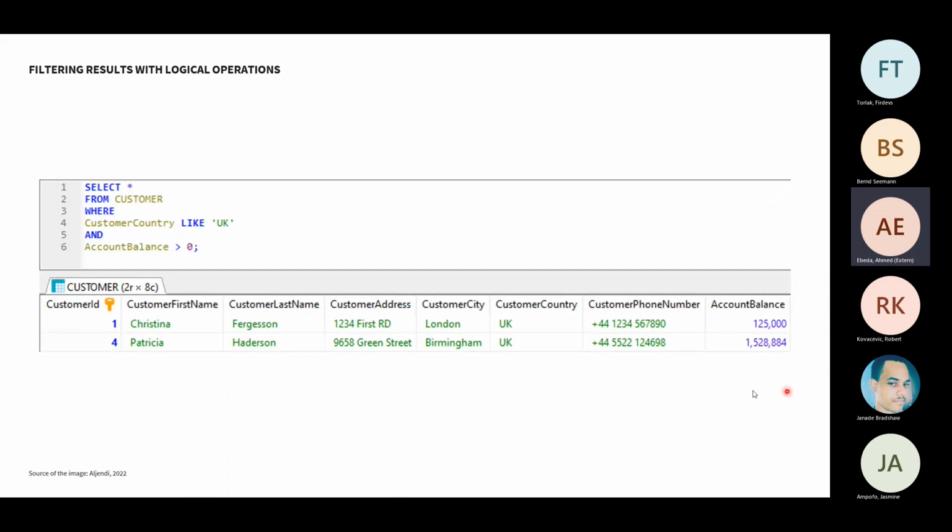In that case, it will not bring anything because a balance higher than 2 million was not there, so it will not show data. But in this case, you have two records, country UK and the balance is higher than zero. So you got two records.